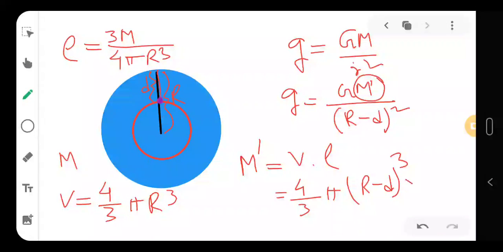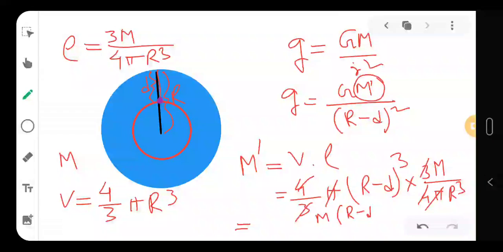And the rho is my 3m by 4 pi r cubed. Right. So you can see here that these things will cancel each other, and ultimately what I will get is m times r minus d cubed by r cubed.